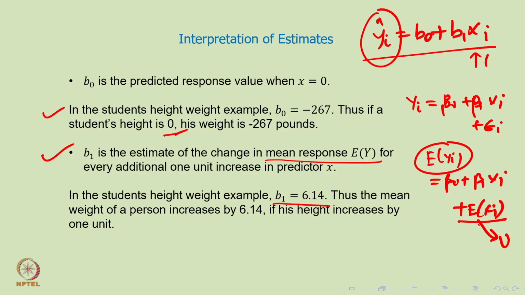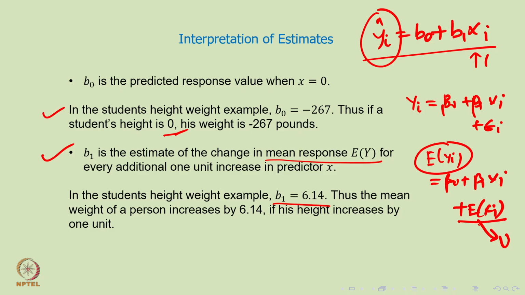Interpretation of B0 makes sense only if the value of the predictor makes sense. Since the student's height cannot be 0, there is no point in interpreting B0, which is nonsensical here, coming out to be minus 267 pounds.